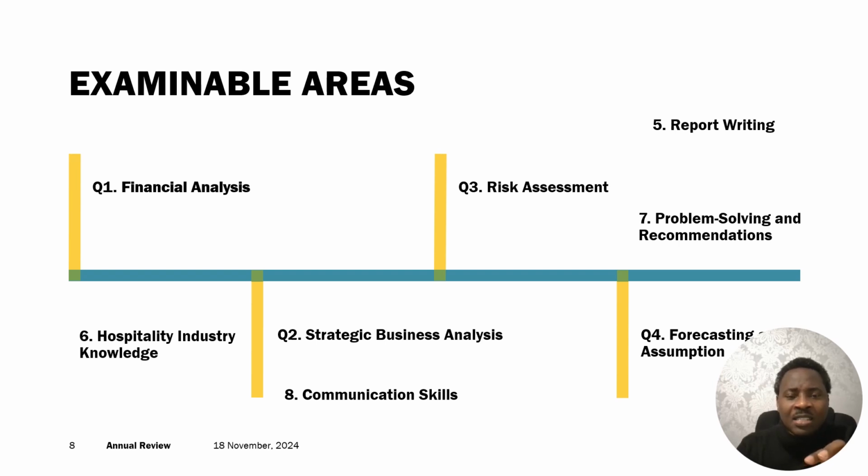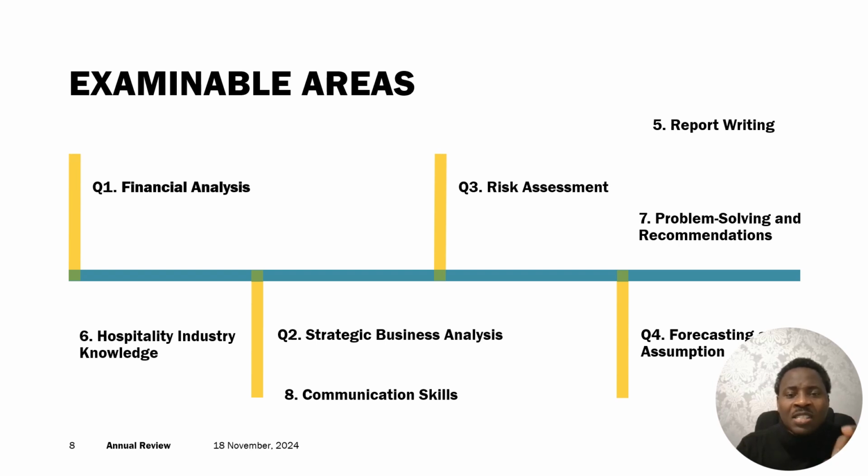Financial analysis. Now you are to be interpreting. You may be asked for key financial metrics like profitability, liquidity, solvency, efficiency ratios, and the like. Also, your ability to assess trend is important for success in this examination, especially exhibit 1.